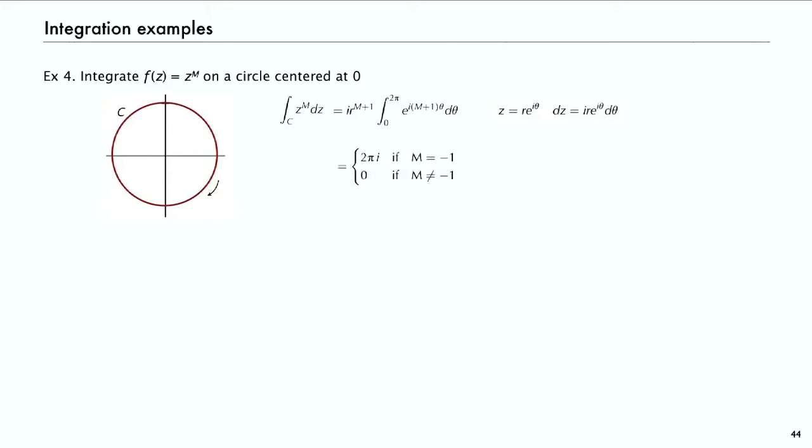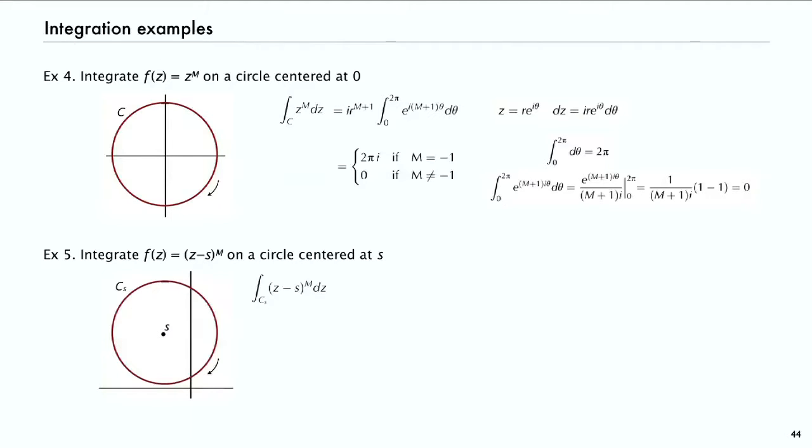If m equals minus 1, we get 2 pi i, same as before, because all that's left is the integral from 0 to 2 pi of d theta. If m is not equal to minus 1, then we're going to have the same 1 minus 1 situation that we had before, and we're going to get 0.